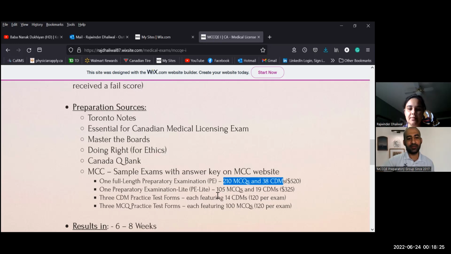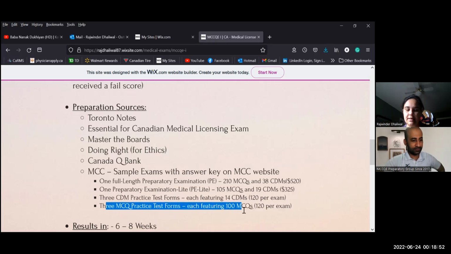And then they do have a few other question sets. They have a half exam, which is $325, but it has only 105 questions and 19 CDM scenarios. And then they have another three exams, each $120, with 100 multiple choice questions each.